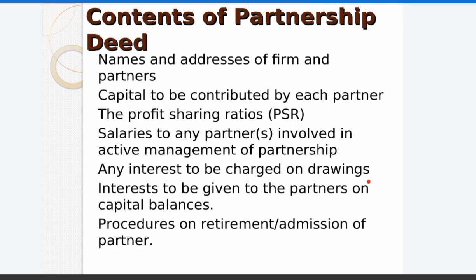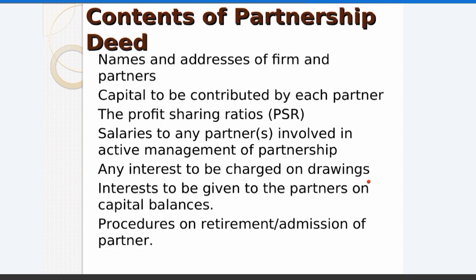And those procedures will even go beyond that, to recomputing the profit sharing ratios. In other words, if a partner is retiring, then it means the remaining partners' share of profits will have to increase. So you have to determine what we call the gaining ratio.